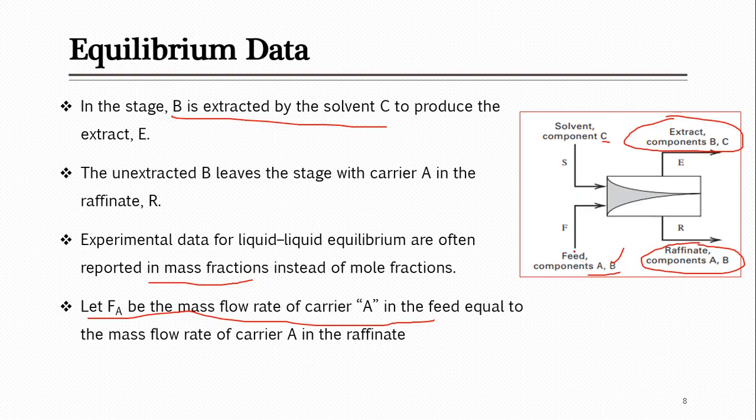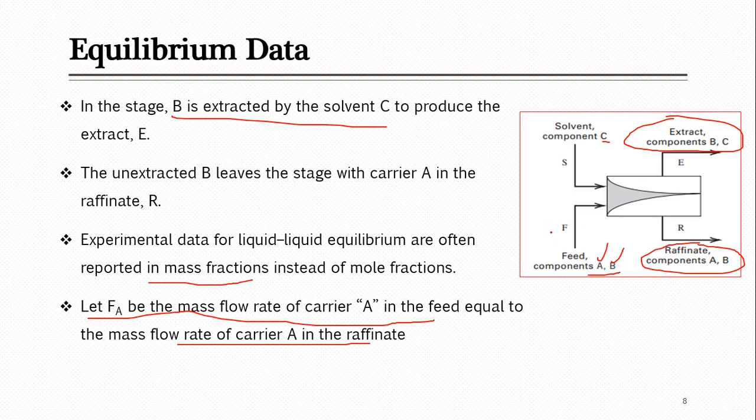So in this case, any liquid A coming in the feed will go only to the raffinate side. So overall the flow rate of the carrier A in the feed will be equal to its flow rate in the raffinate. Its amount coming into this system all goes toward the raffinate side, because we have considered here an immiscible system, a totally immiscible system.